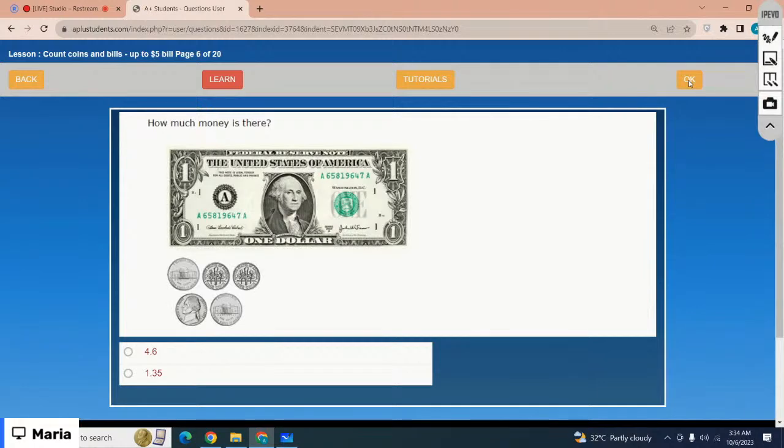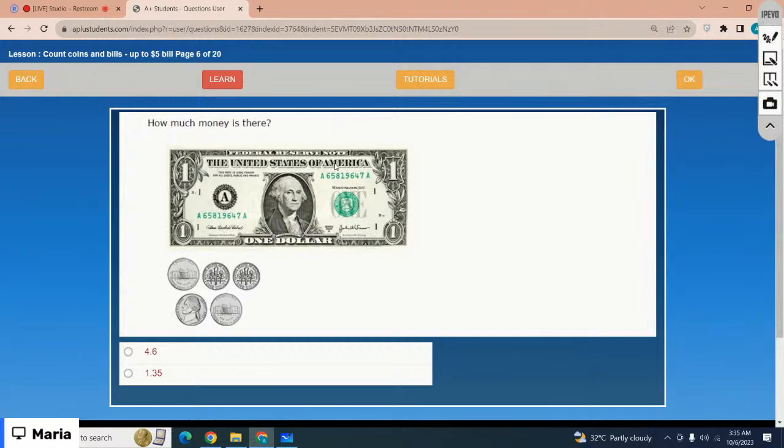Okay, how much money is there? Which is the correct option? You can see here you have a $1 bill, right? Then you have dimes.